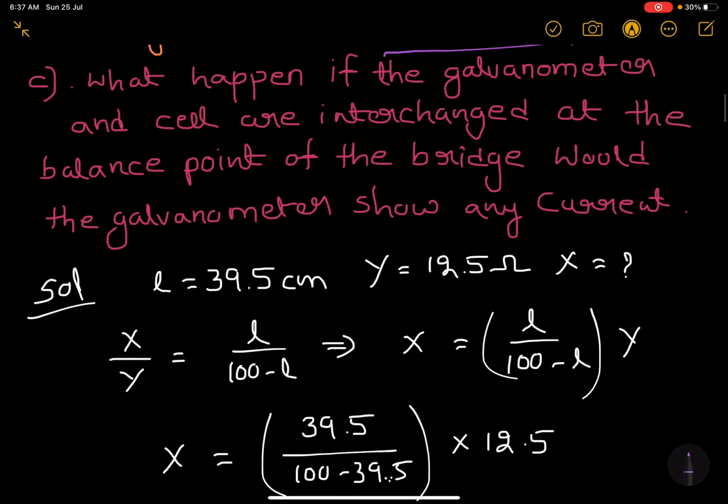For the first question, the length is given: first balancing point 39.5 centimeters, Y resistance 12.5 ohms.